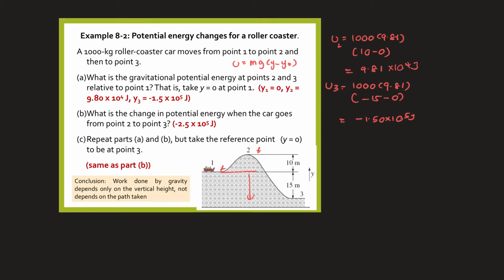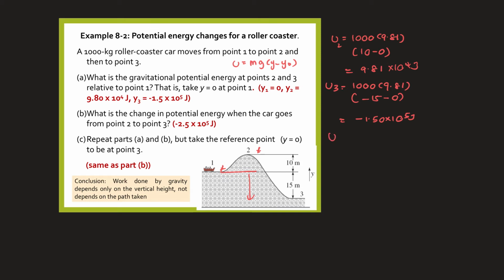What is the change in the potential energy when the car goes from point 2 to point 3? So I put my point 2 as my reference point, or you can put point 3 as the reference point.